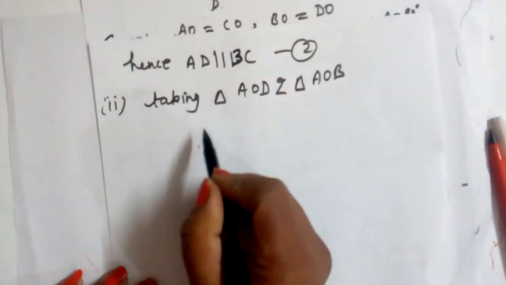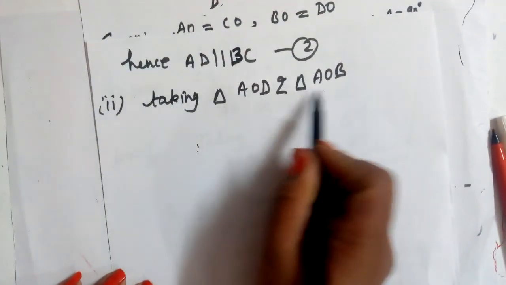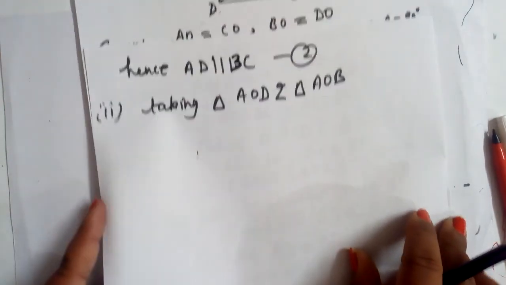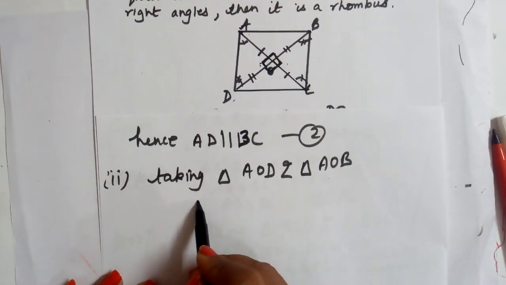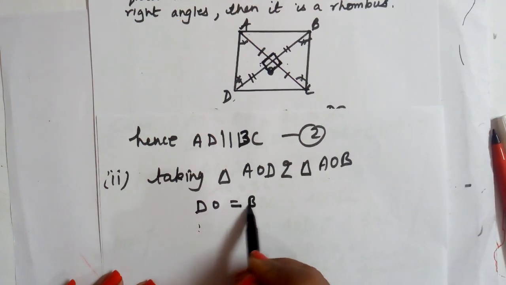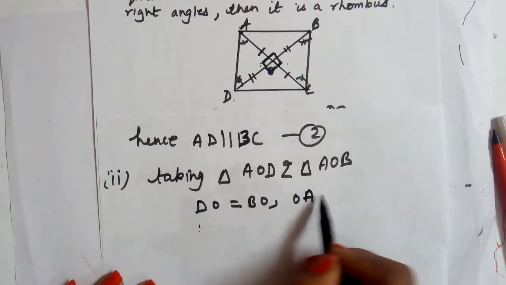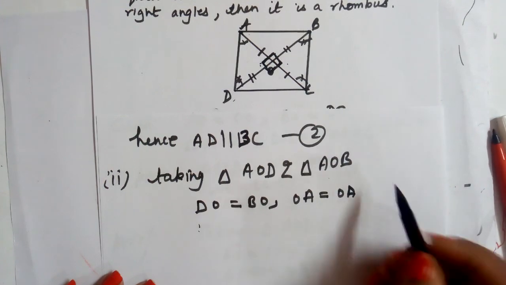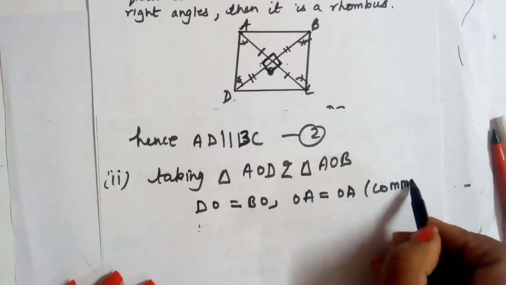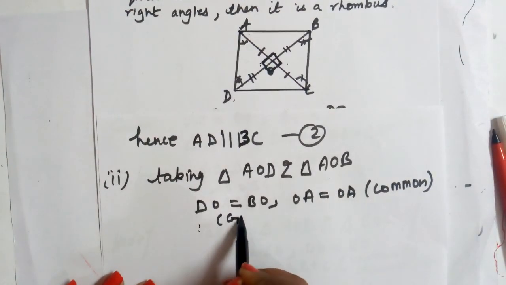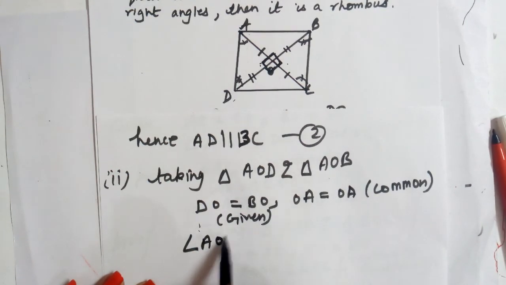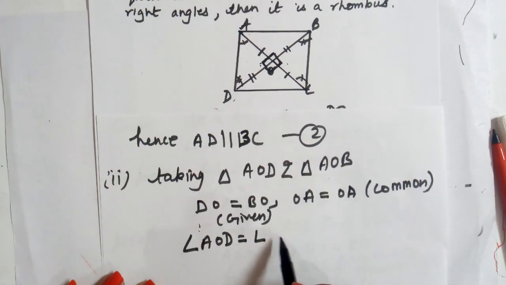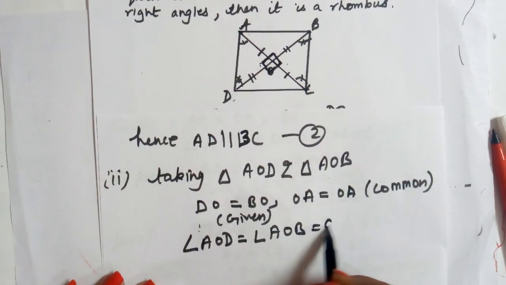Okay, so taking triangle AOD and triangle AOB, DO is equal to BO, OA is equal to OA. This is common and this is given, and angle AOD is equal to angle AOB is equal to 90 degrees.